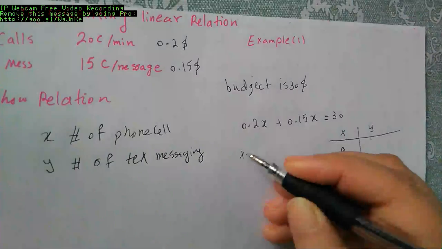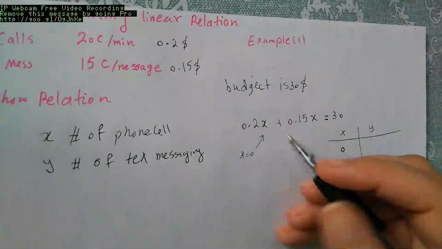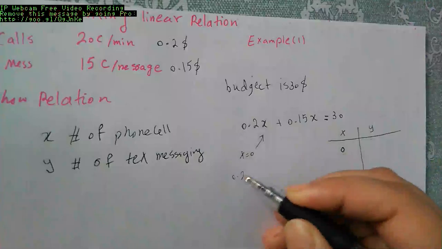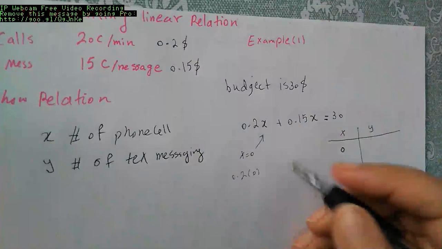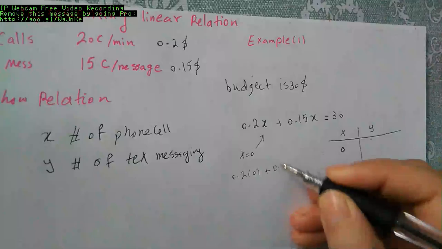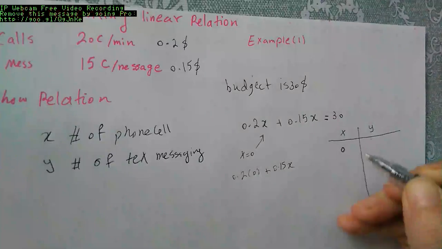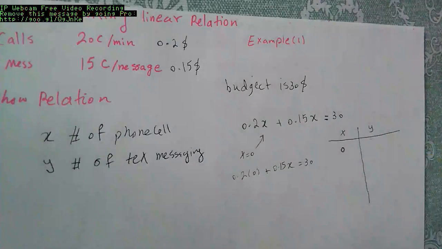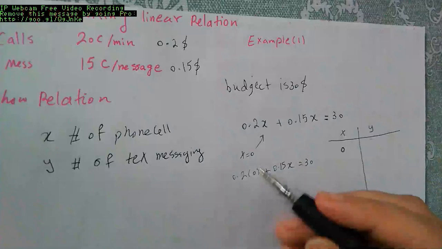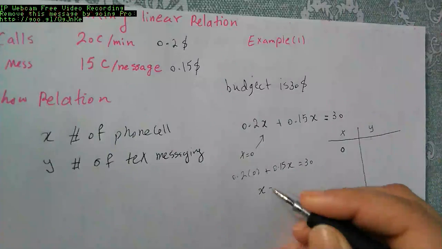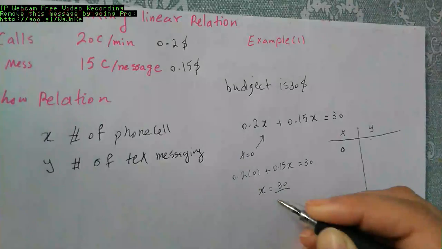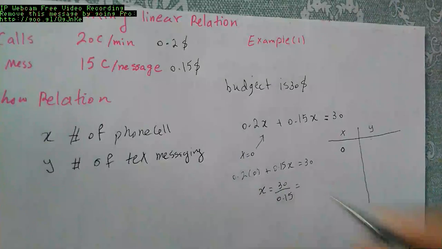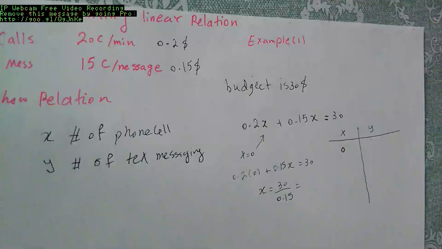So you put x as 0 there. Therefore 0.2 multiplied by 0 plus 0.15y equals 30. This is gone. The y is going to be equal to 30 divided by 0.15. I want to do this calculation.